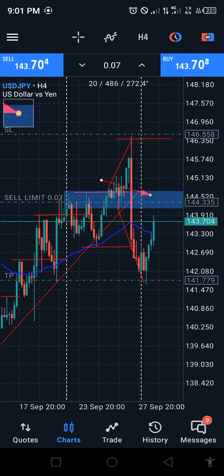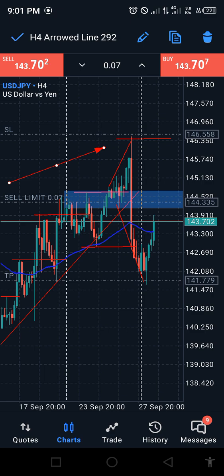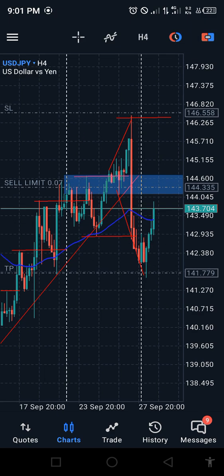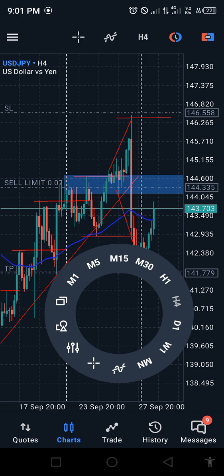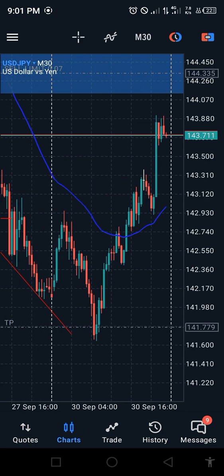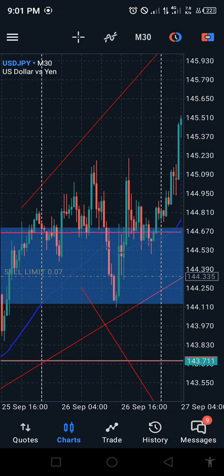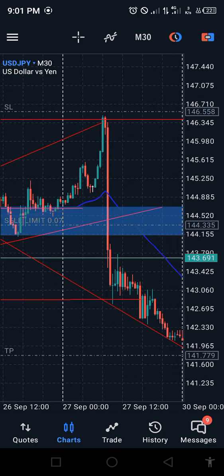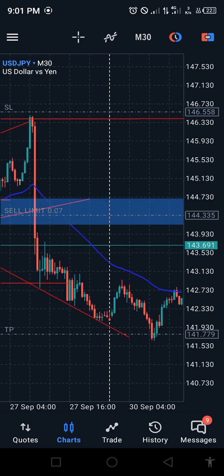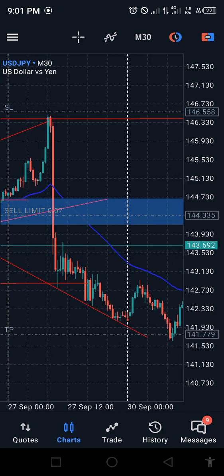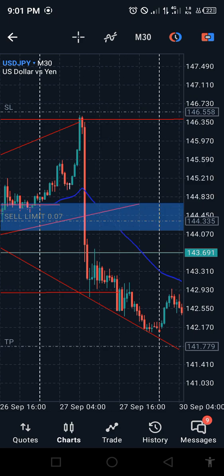Now what will make that area of confluence stronger and sharper is if we go to a smaller time frame. So let's go to the 30 minutes time frame. In the 30 minutes time frame, we can see that the market is at a zone, and we are expecting it to reach around this level.